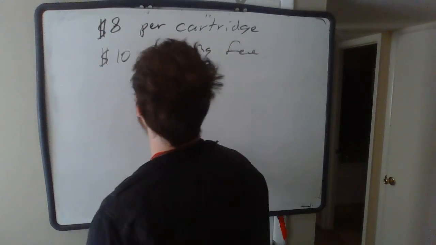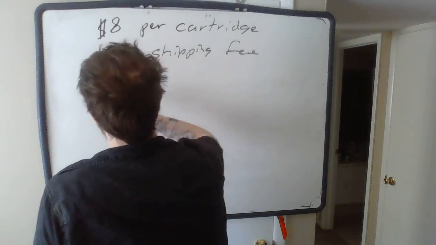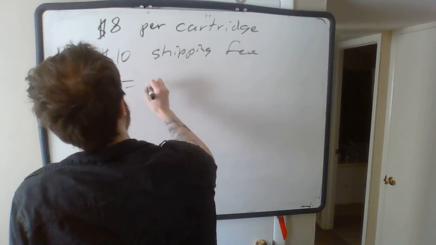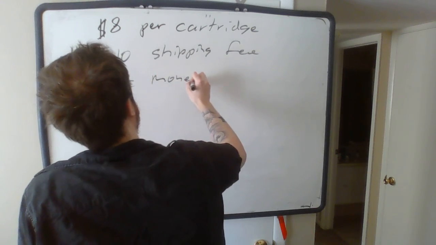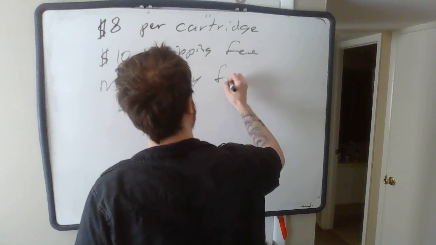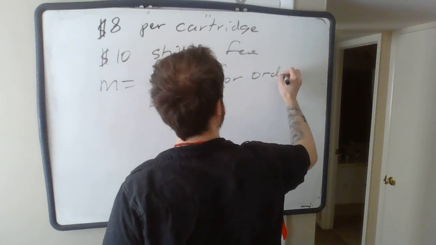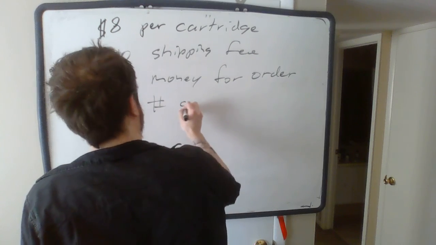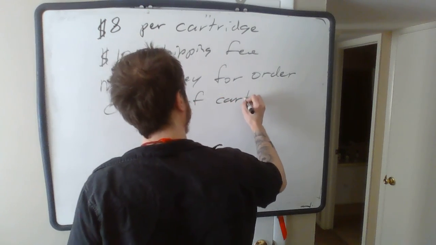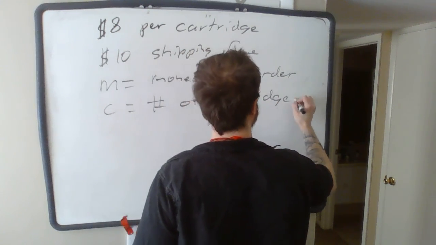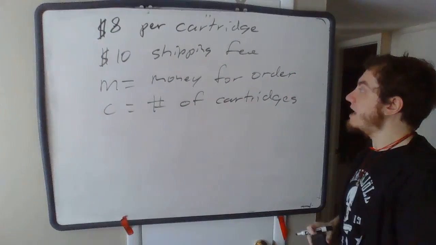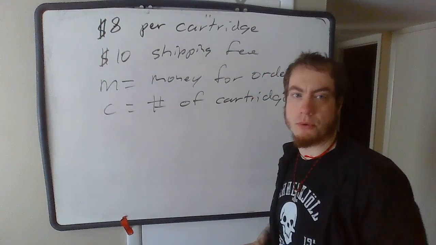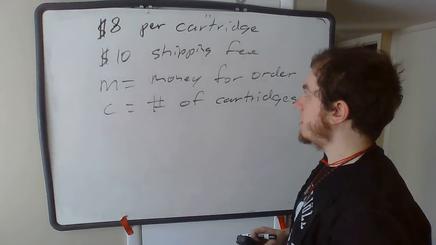Well, in this case, if we say that M is the amount of money for the order, and C is equal to the number of cartridges, we can figure out how to calculate the money that the order is going to cost us based on the number of cartridges.